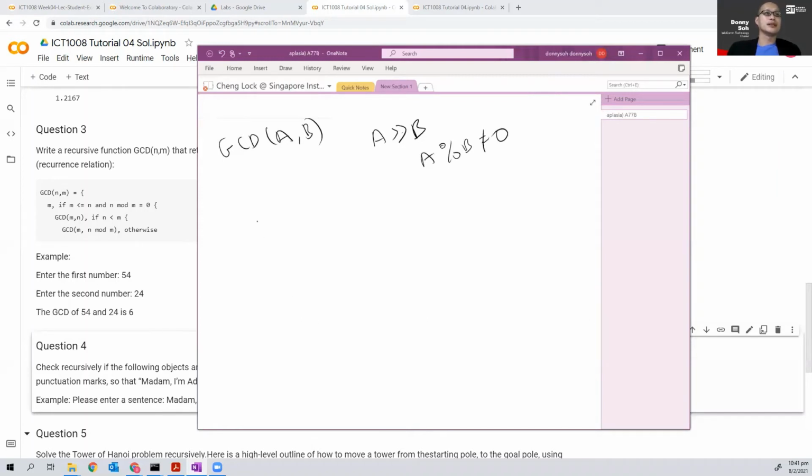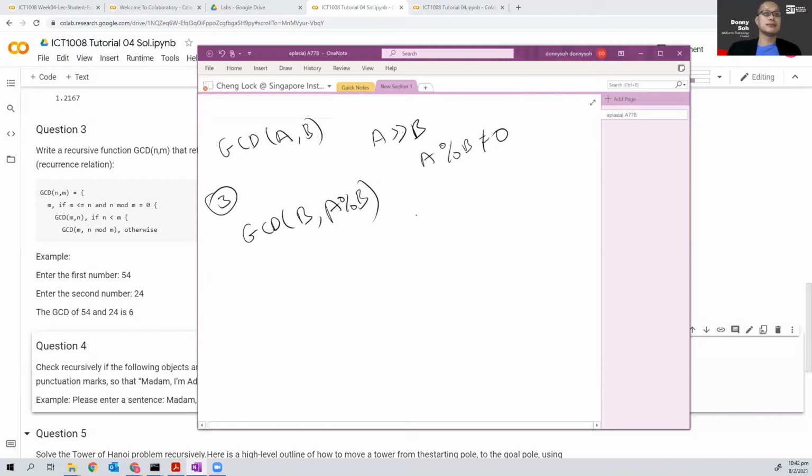So this is condition 3. In condition 3, we will then do GCD of B, A mod B. And this by definition will give you the GCD.